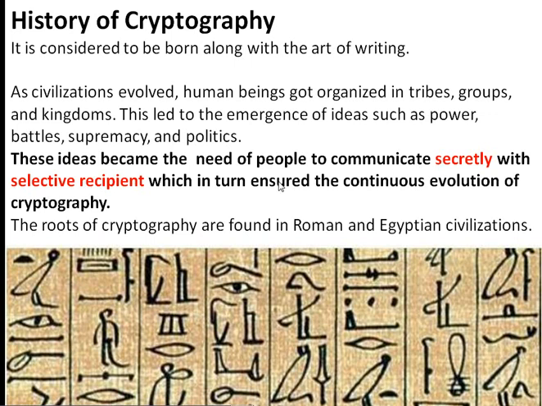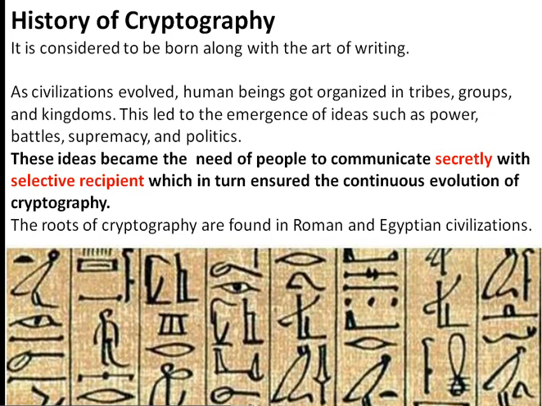These ideas created the need for people to communicate secretly with a selective recipient, which in turn ensured the continuous evolution of cryptography. And the basic roots of cryptography are found in Roman and Egyptian civilizations.